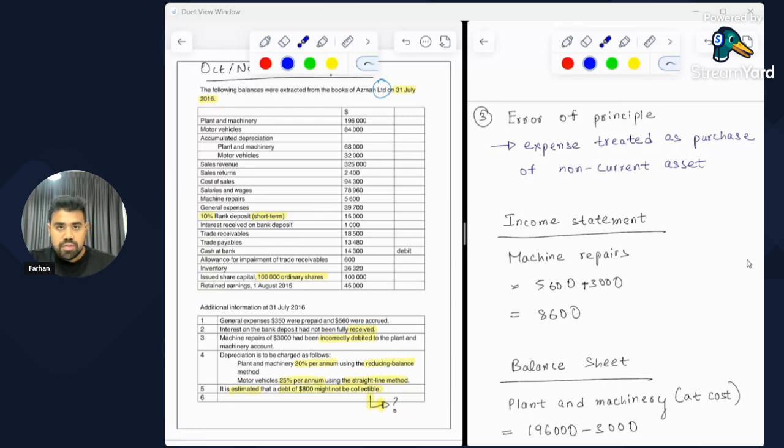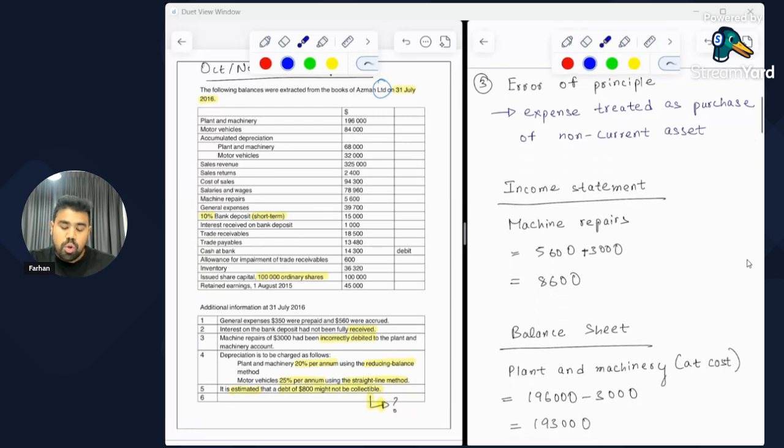Machine repairs, as we understand, is an expense. All expenses are reported in the income statement, right? So when you prepare the income statement and you want to show the total for machine repairs, you want to make sure the amount which you forgot to include as machine repairs of 3,000 is added back to the amount that we are given in the table. In the table, you're given machine repairs of $5,600, as you can see here.